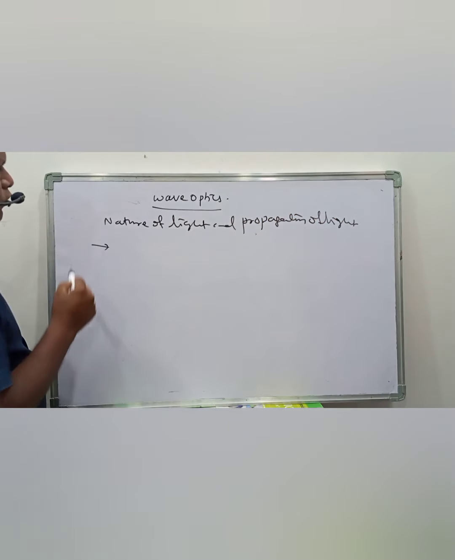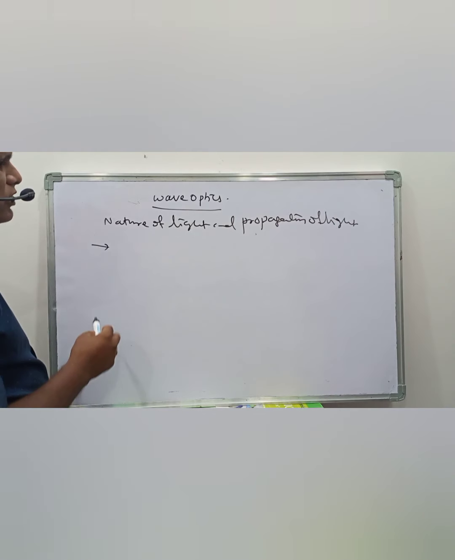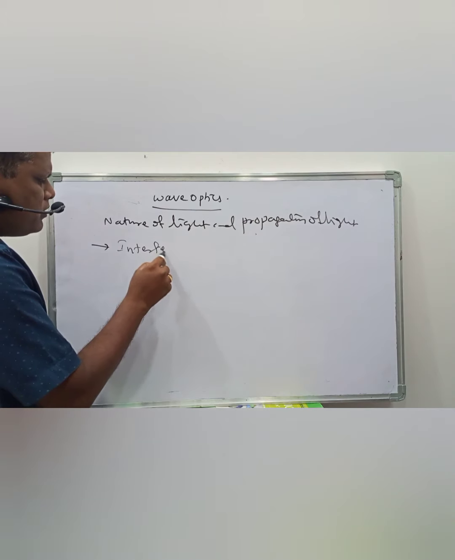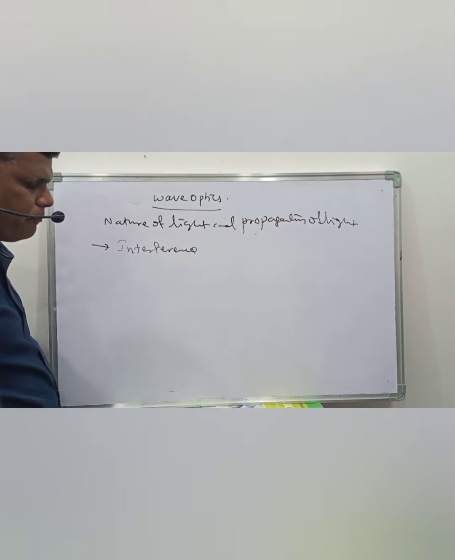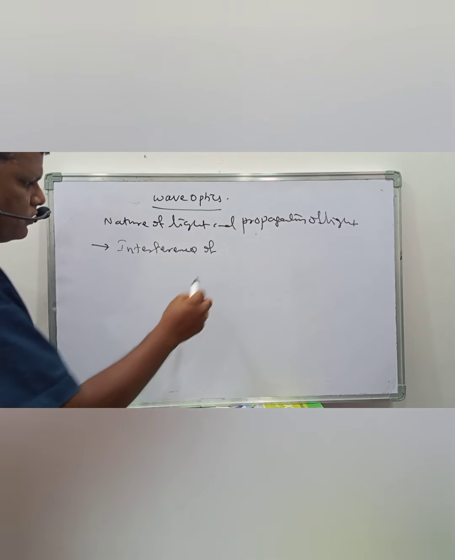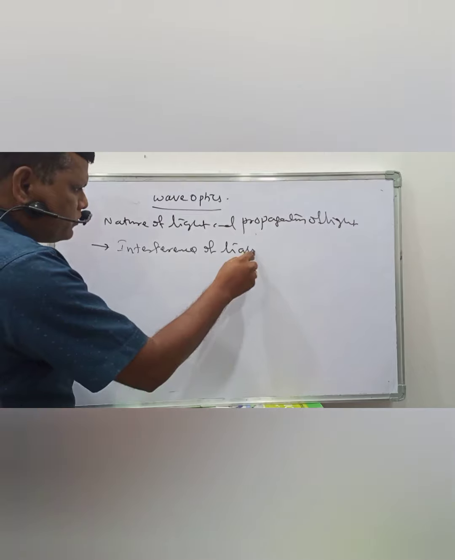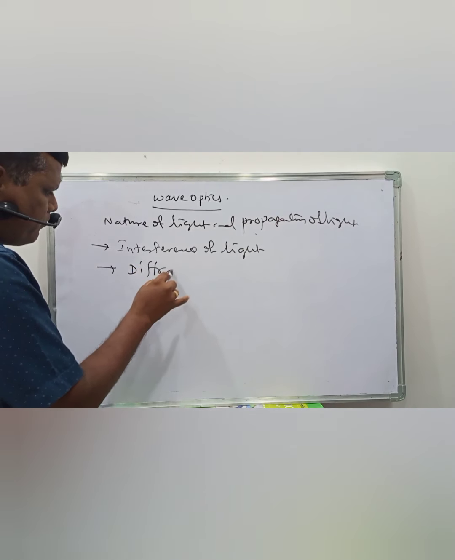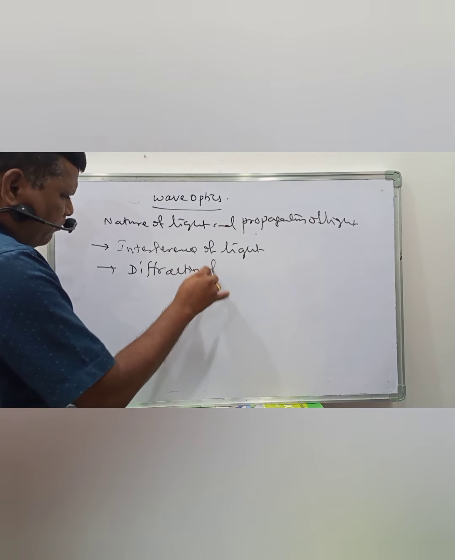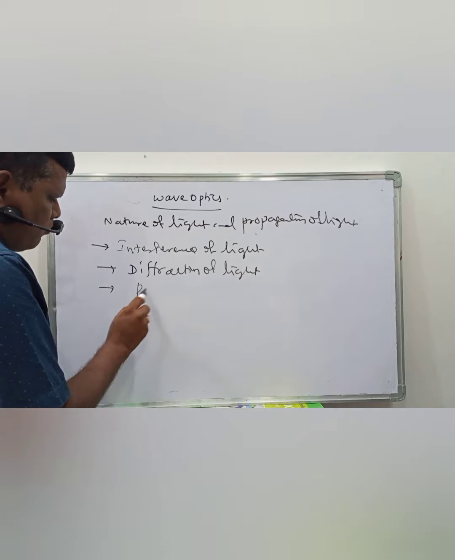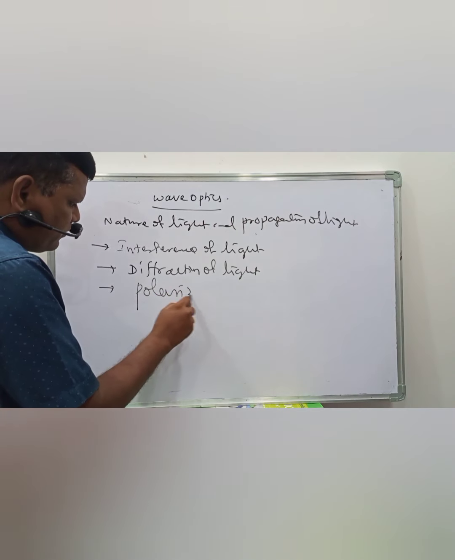So in wave optics we have the major concepts about the interference pattern of light: interference of light, diffraction of light, and the third one is polarization of light.